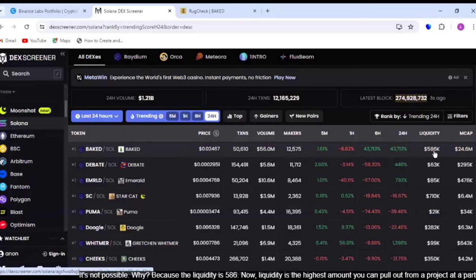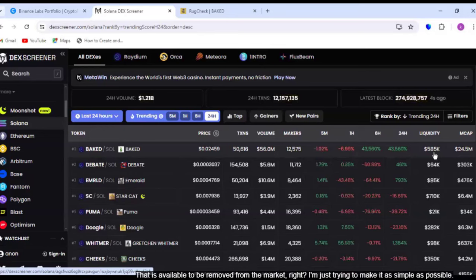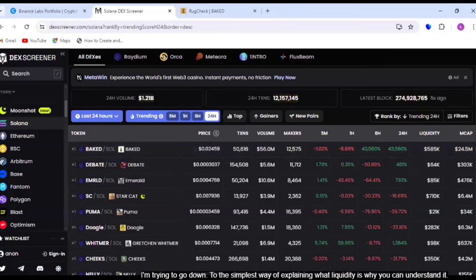Why? Because the liquidity is 586. Now, liquidity is the highest amount you can pull out from a project at a particular time that is available to be removed from the market, right? I'm just trying to make it as simple as possible. I'm trying to go down to the simplest way of explaining what liquidity is so you can understand it.